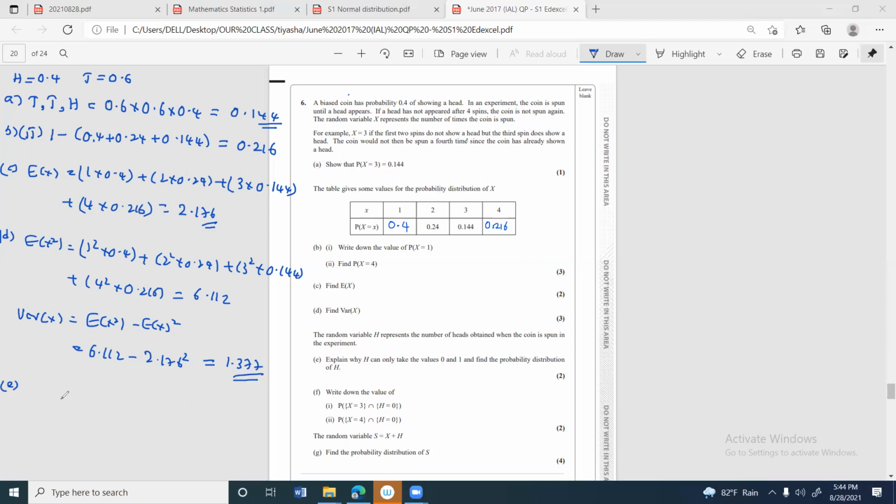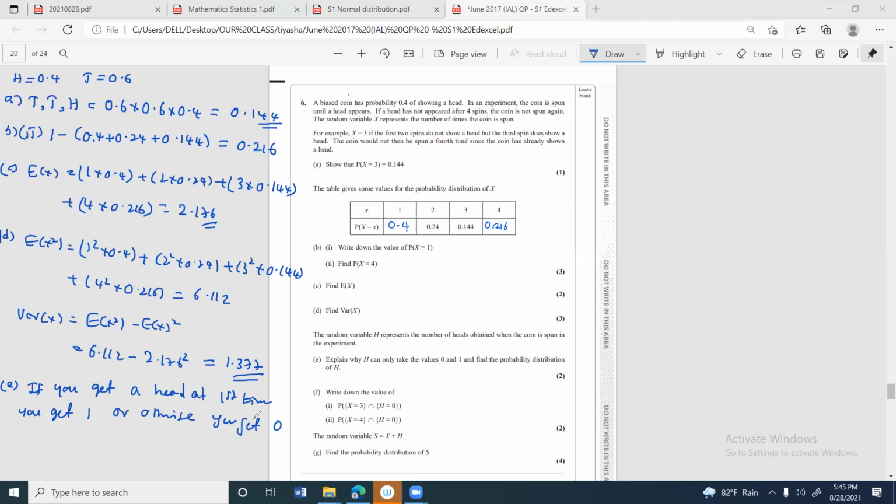So you can write, if you get a head at the first time, you get 1, otherwise you get 0.